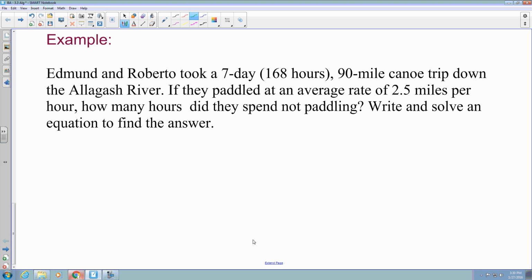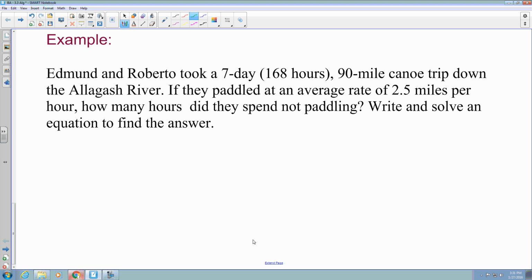It says write and solve an equation to find the answer. So they basically told us that they took 7 days, so 168 hours. That's the entire trip. If you took 7 multiplied by 24, that's where they get the 168 hours. So they have a 90-mile canoe trip down this river.